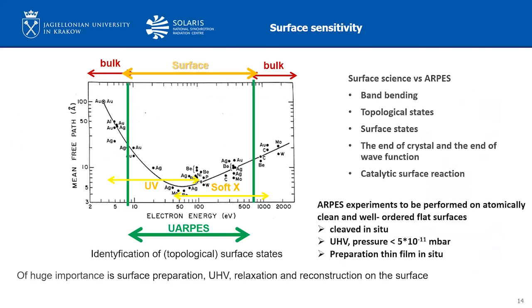When we want to identify bulk and surface states, we also use different energy. Our beamline has very good surface sensitivity, as presented through the universal curve of the inelastic mean free path of the photoelectron as a function of its kinetic energy.